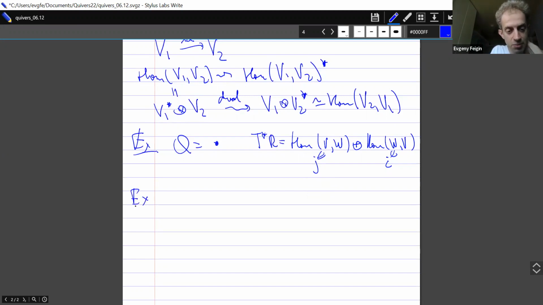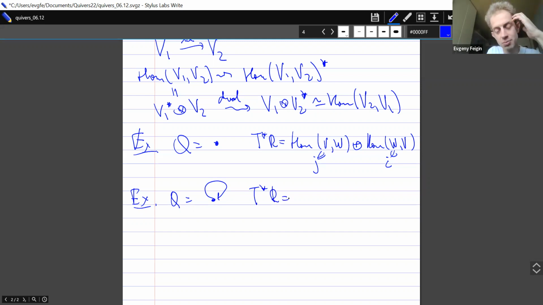Another example, a bit less trivial, is as we had before. This is a loop quiver. For this loop quiver, this T star R consists of points parameterized by 4-tuples of maps: X, Y, i, j. Let me draw the picture.